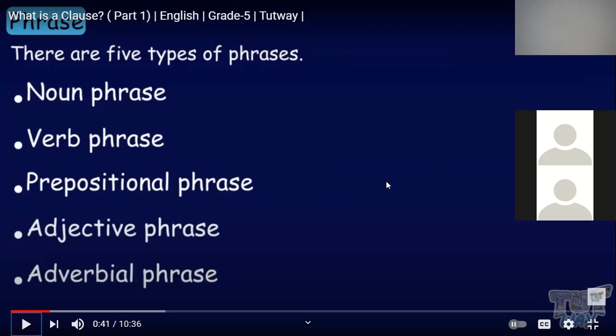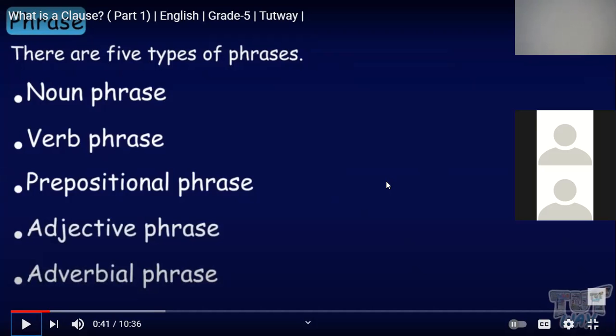Prepositional phrase means that, just focus and you're going to get 1 mark if you know it. It starts with what? Preposition.